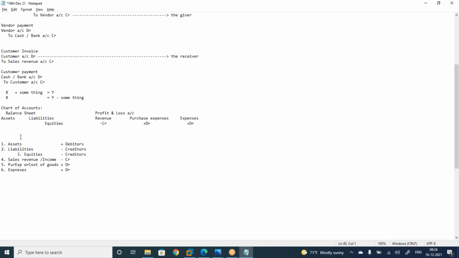This is chart of accounts classification. 7 is also there. This is other incomes. Other incomes are very, very less. This is minus credit. This is kind of bank interest received, etc. This is very few, 1 or 2 ledger accounts only, or 3 or 4 ledger accounts.